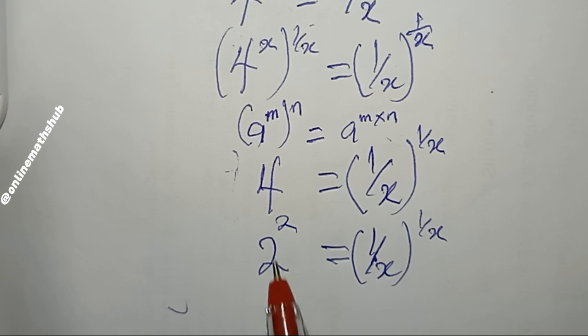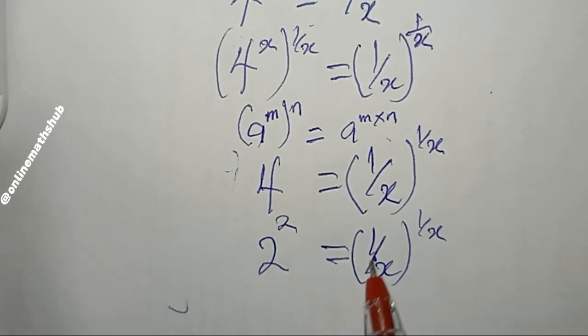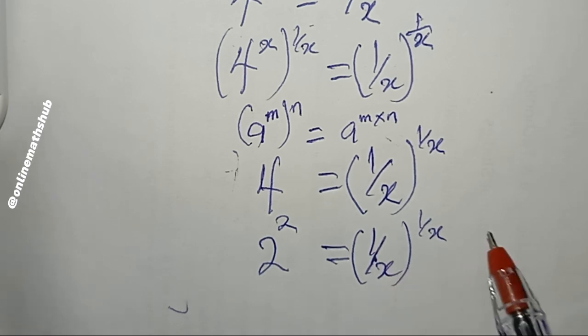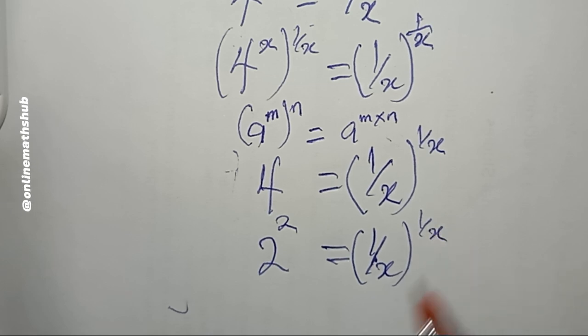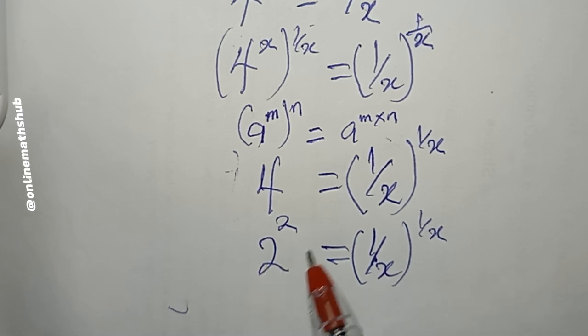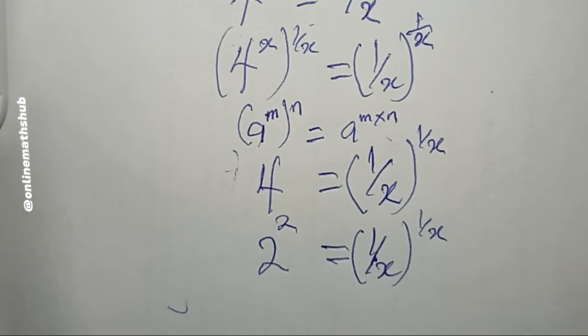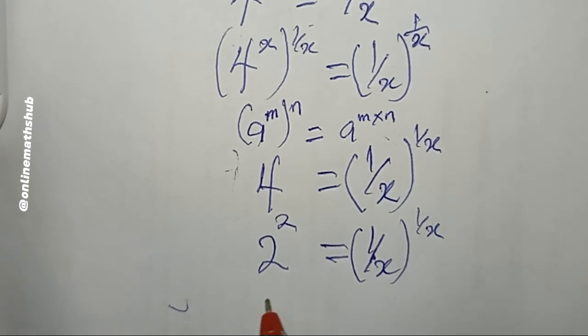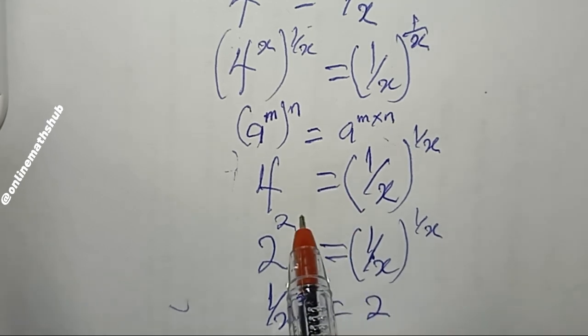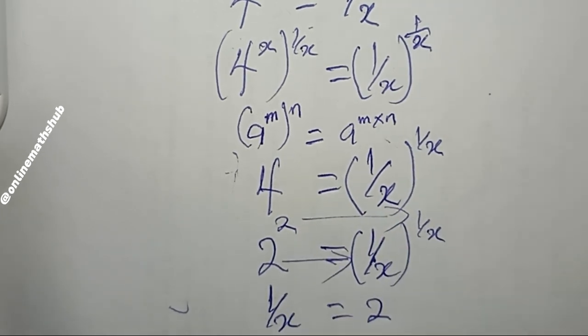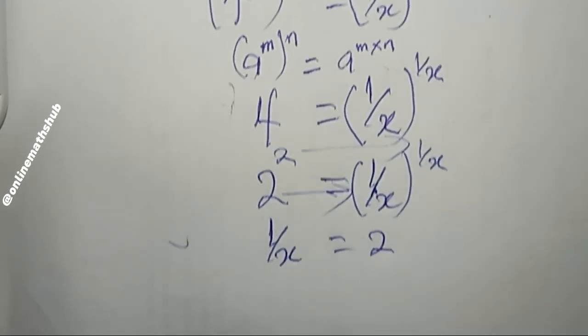What is inside the bracket is the same as the power, and the base is the same as the exponent. So we can conclude that 1 over x is equal to 2.